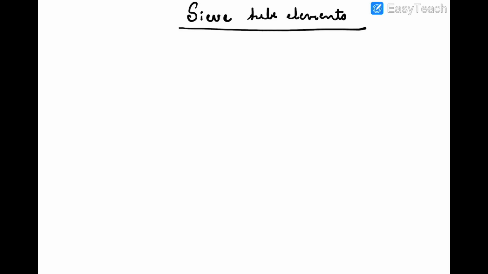First of all, let us talk about sieve tube elements. Sieve tube elements are tube-like structures associated with companion cells.